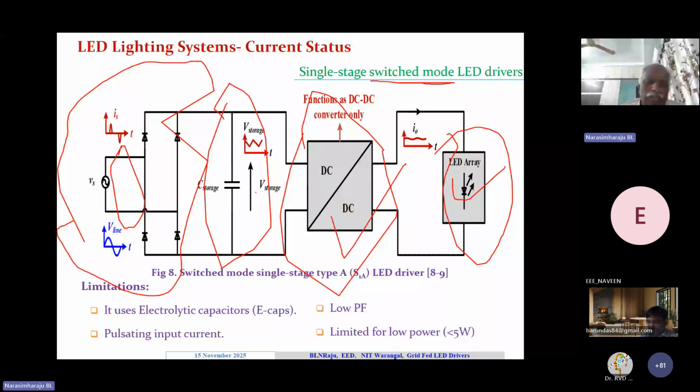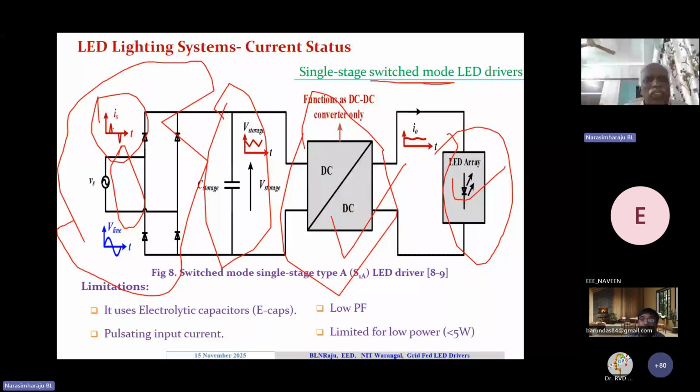Moreover, they use just simple electrolytic capacitors, and if you look at the current, though the source voltage is sinusoidal, the current becomes largely discontinuous.